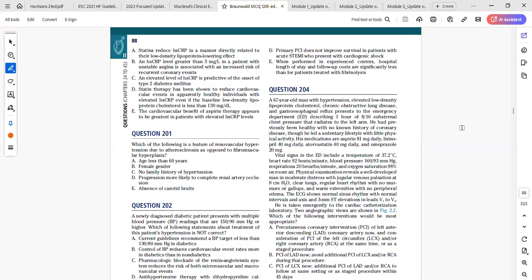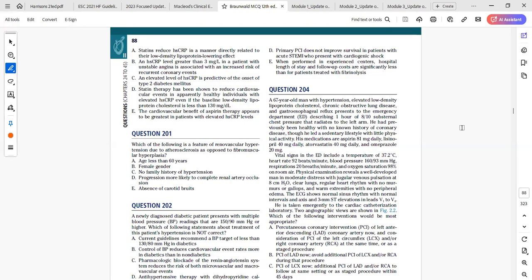Vital signs in the emergency department include a temperature of 37.2 degrees centigrade, heart rate 92 beats per minute, blood pressure 160/93 millimeters of mercury, respirations 20 breaths per minute, and oxygen saturation of 98% on room air.